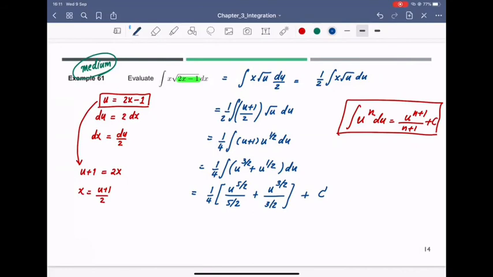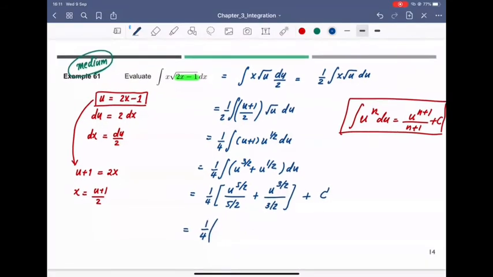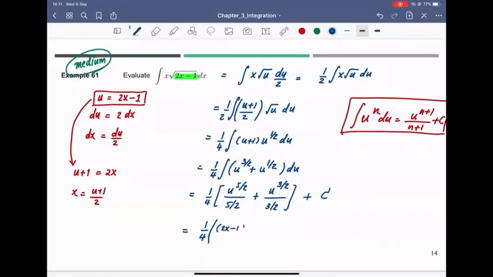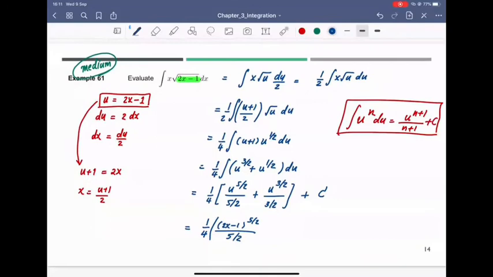And then my answer is a quarter times (2x minus 1) to the 5/2 over 5/2, and then plus (2x plus 1) to the 3/2 over 3/2, plus c. I'm done with this question.